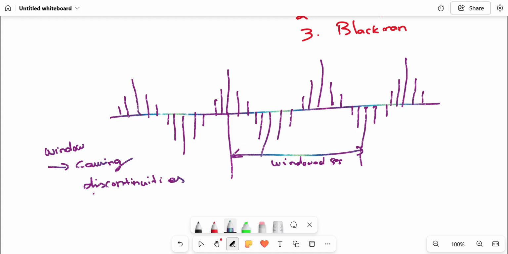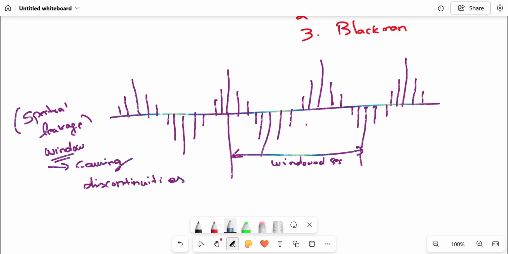Discontinuities means spectral leakage. So windowing means, what do you mean by window? We are truncating the infinite sequence into a finite length signal.